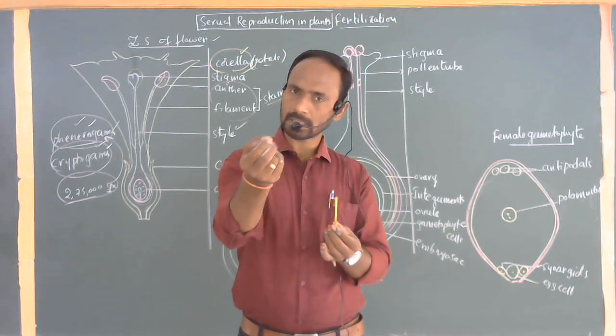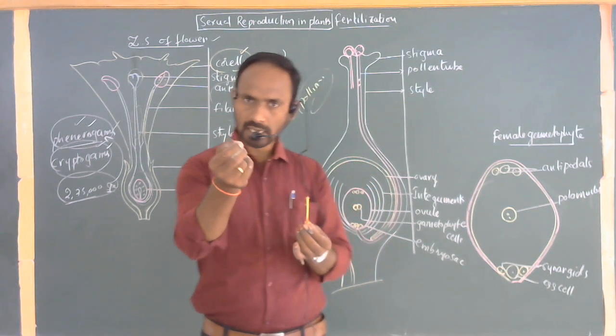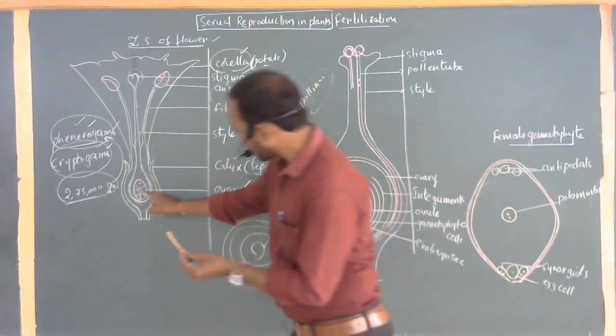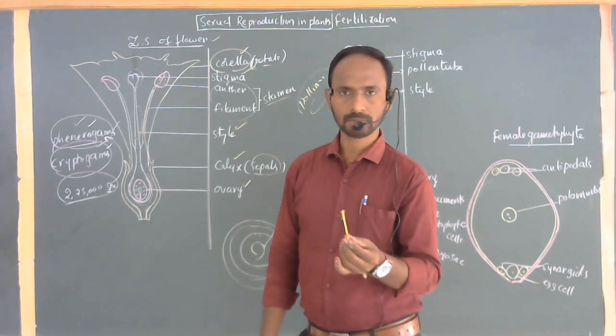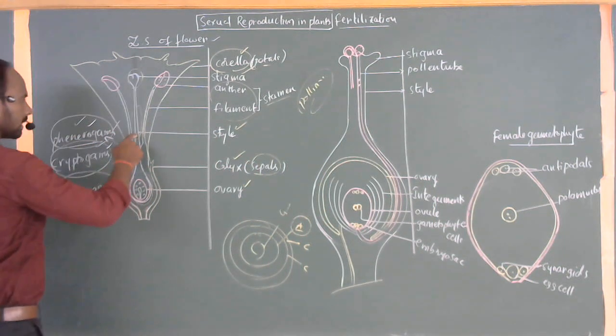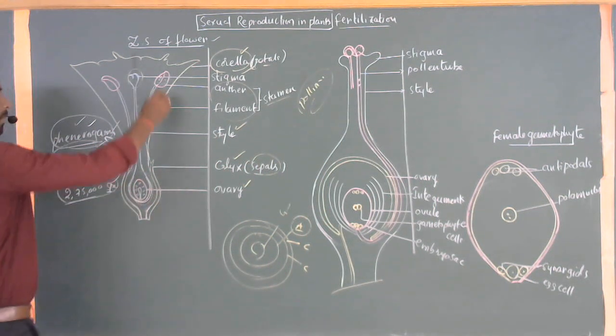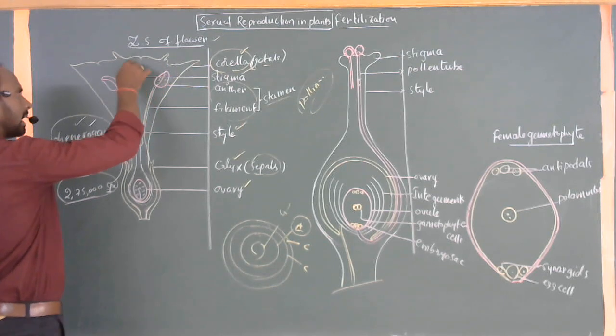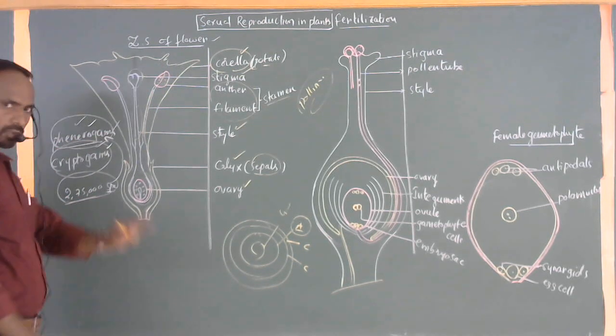You will be able to observe small dot-like structures. These are commonly called ovules, present here. See that? Stigma, style, and ovary. So when the pollen grains transfer from the anther to the stigma, then the process is called fertilization.